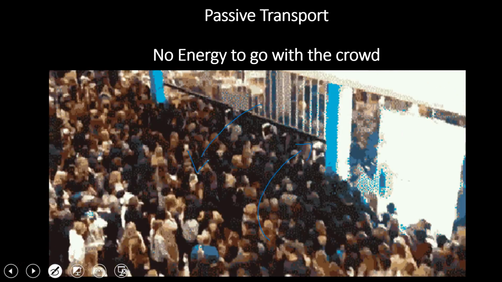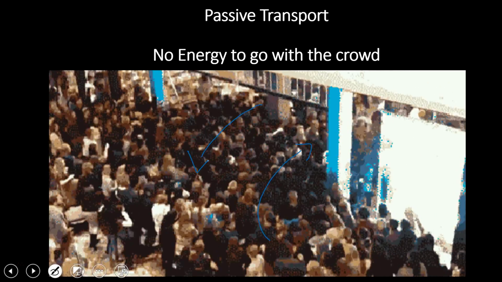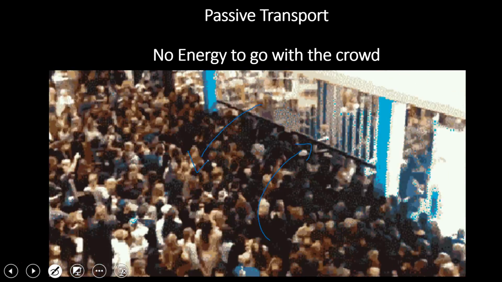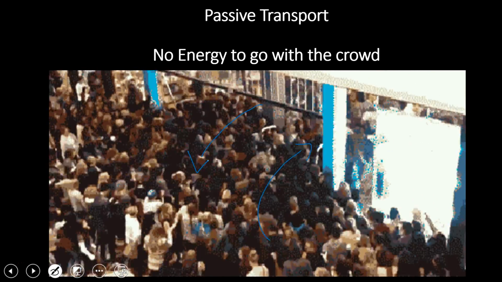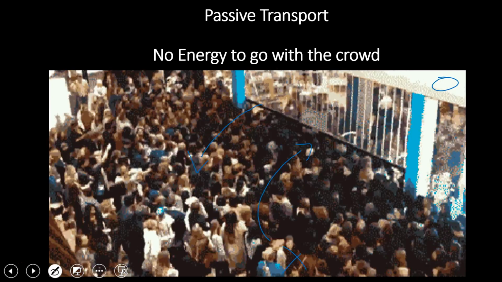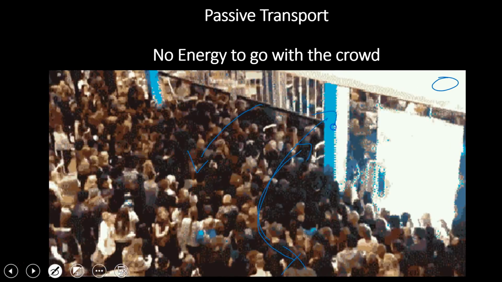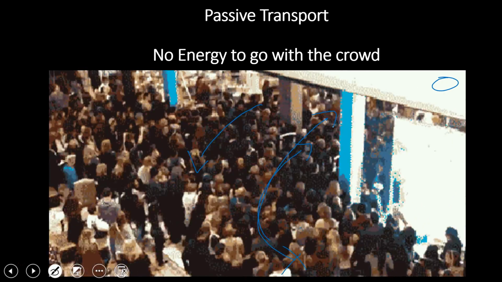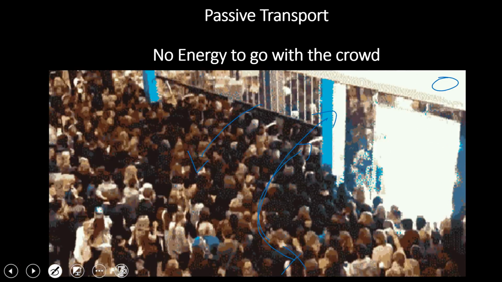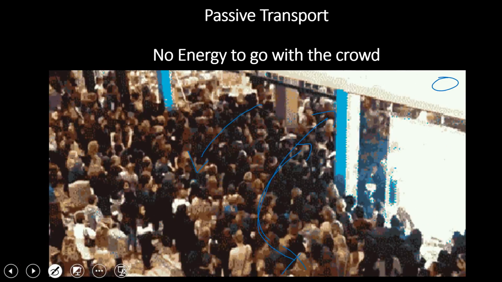It would be easier going with, because if you're going against, it's going to require a lot of energy, okay? So for this example, there's a high concentration of people here, there's a low concentration of people in the store, and they're moving from high to low concentration, okay? So if you ever get confused on that, just think Black Friday sales, okay? It's easier to go with the flow.